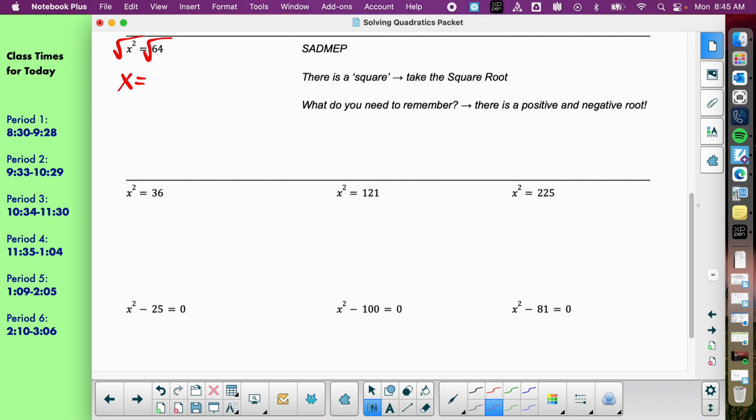Or did you not? Plus and minus 8. And that's because negative 8 squared is 64 and 8 squared is 64. If you guys are doing the square root to cancel off a square, the answer is going to be plus and minus.